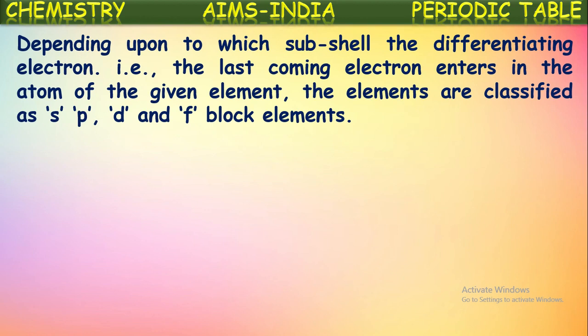To which subshell that last coming electron enters in an atom, the position for that element is given based upon that in different blocks. So in total, the modern periodic table is classified into 4 blocks based upon the subshell into which the differentiating electron enters for the elements.